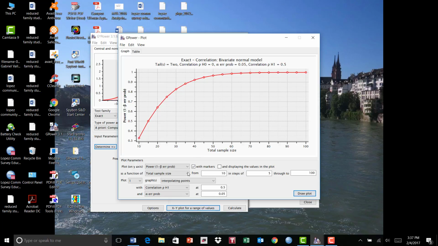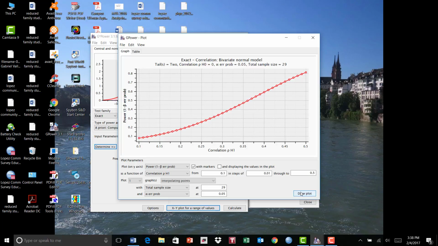So there's so many things you can do here. You could also say, well, I want to plot the correlations against power. And so this is saying, say I only had 29 people, and let's make it 30. It'd be kind of weird just to have 29.